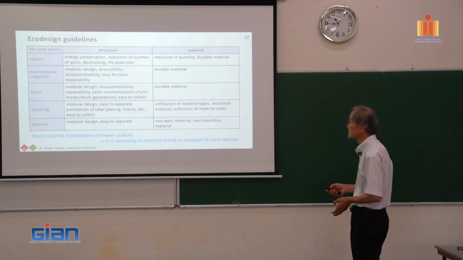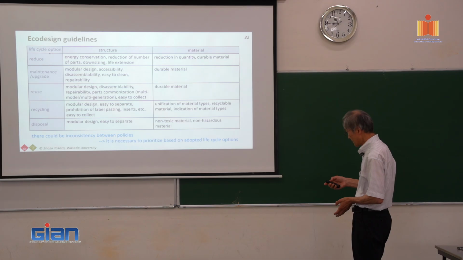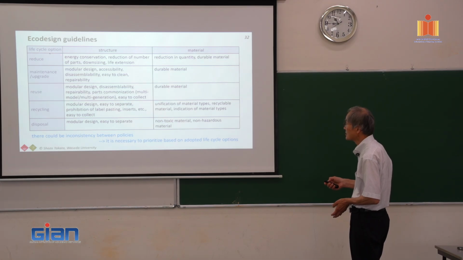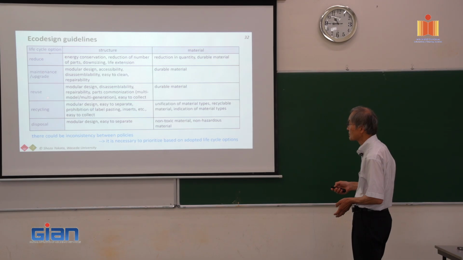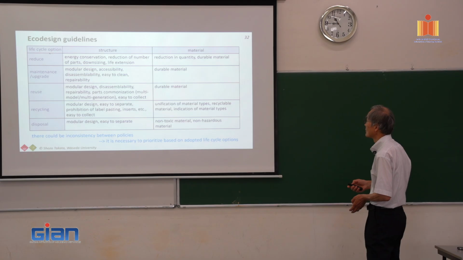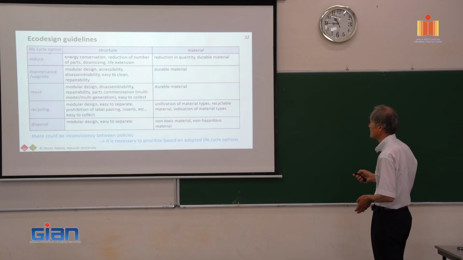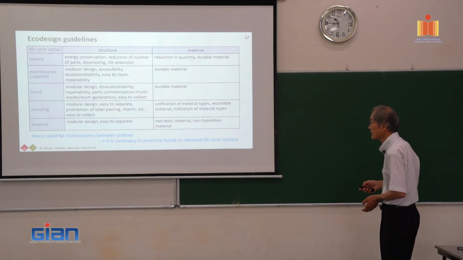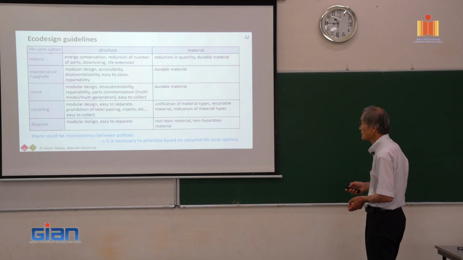And this is a kind of eco-design guidelines. And this is the life cycle options: reduce, maintenance, reuse, recycling, disposal. And this is the structure aspect. And this is the material aspect. What type of material should be chosen.